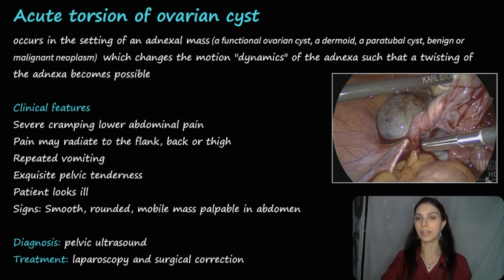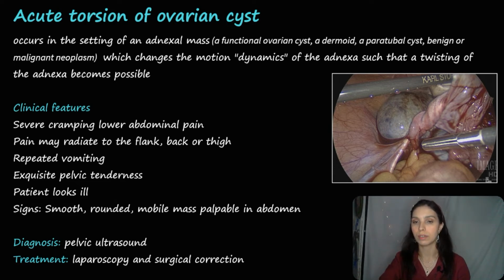The next is acute torsion of ovarian cyst. Torsion occurs in the setting of an adnexal mass, which could be a functional ovarian cyst, a dermoid, a peritubal cyst, or a benign or malignant neoplasm. This mass changes the motion dynamics of the adnexa such that twisting of the adnexa becomes possible.